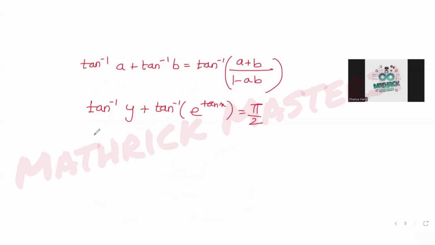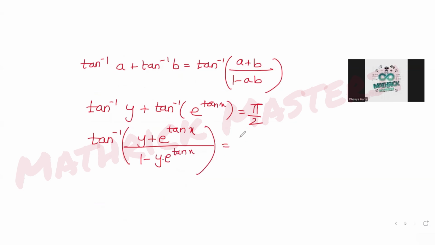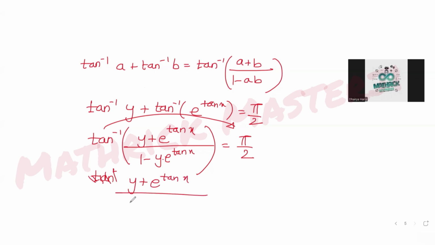So if I further simplify, I get tan inverse of (y plus e raised to tan x) over (1 minus y into e raised to tan x) is equal to pi over 2. Let's take the tan inverse to the other side, so it will become a trigonometric function. So I get (y plus e raised to tan x) over (1 minus y into e raised to tan x) is equal to tan of pi over 2.